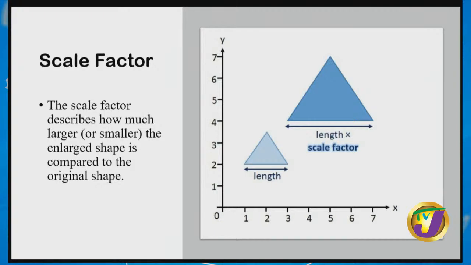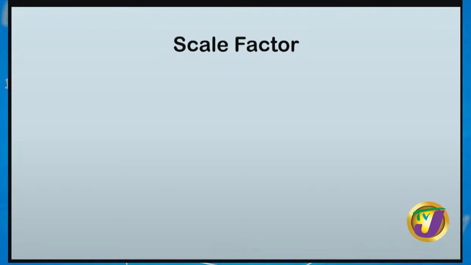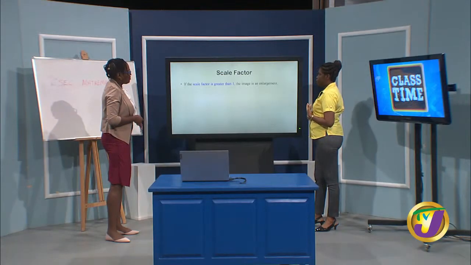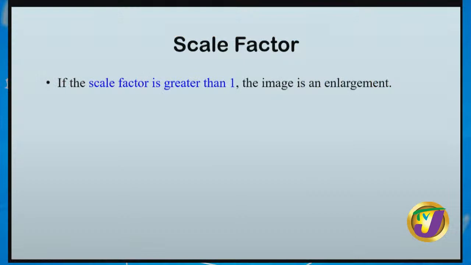We must see what the question is asking us to do: is it asking about the image or the object? We have to pay attention to that. Let's talk more about the scale factor. Here are some points to note. If the scale factor is bigger than 1, the image is an enlargement.